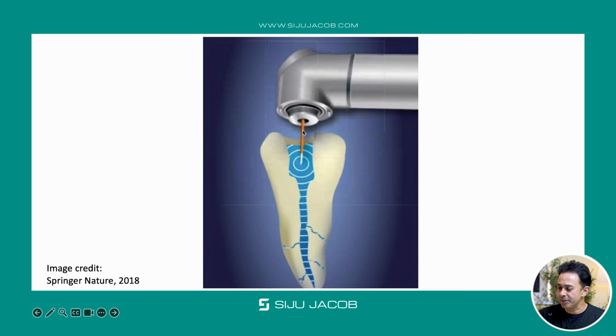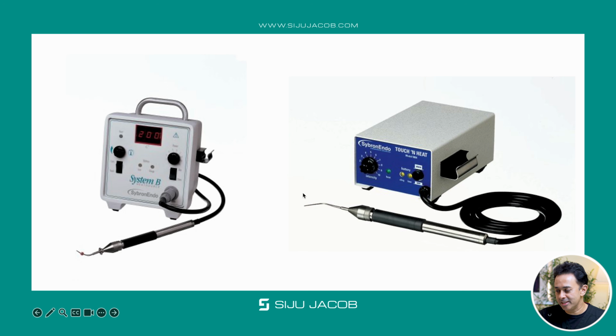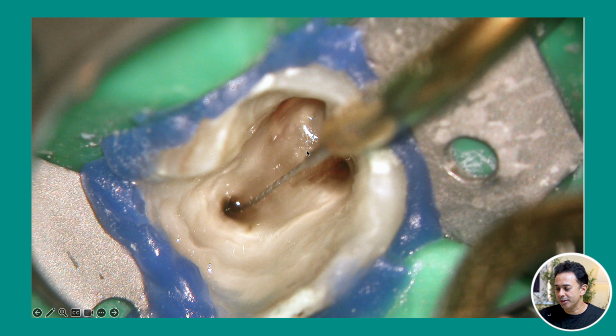Another way of applying heat to sodium hypochlorite is injecting sodium hypochlorite into the canal and then putting some sort of an instrument which transfers heat into the solution. You can do this with devices like System B or touch and heat obturation devices which transfer heat from the tip. Or you can also use ultrasonics with a water supply cutoff. You put sodium hypochlorite into the canal and then apply ultrasonics into the sodium hypochlorite.